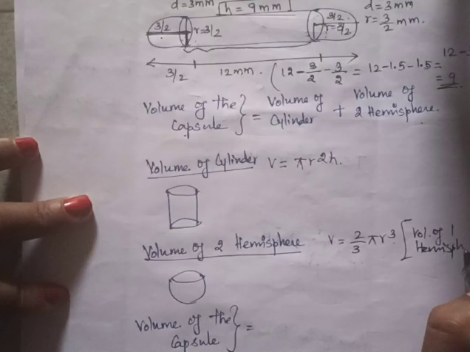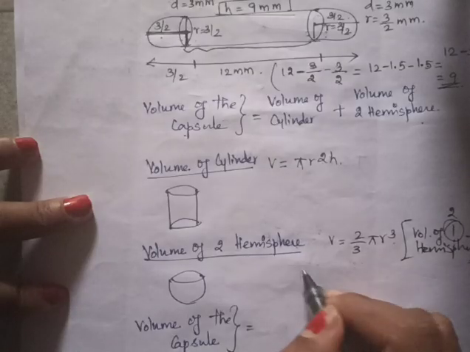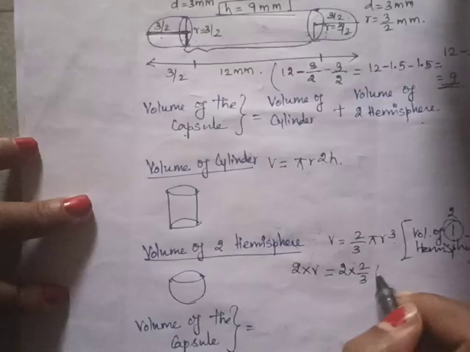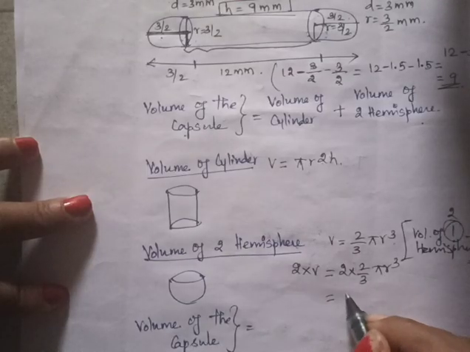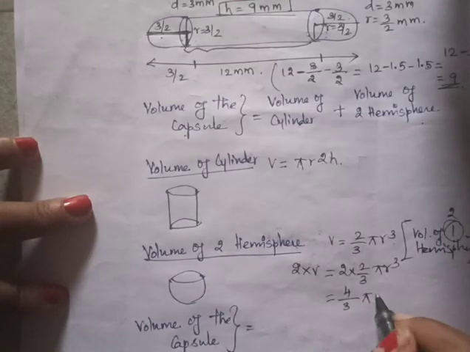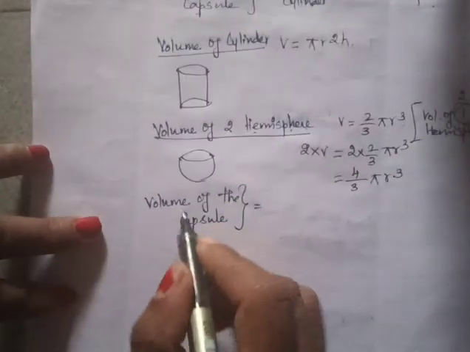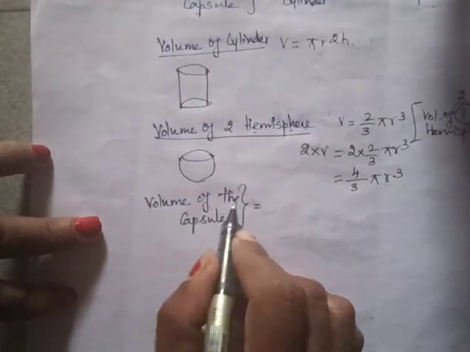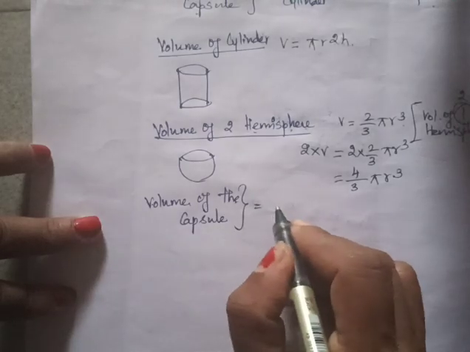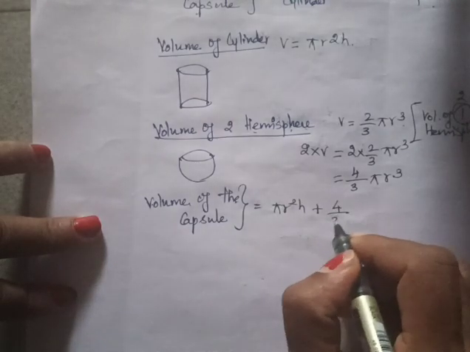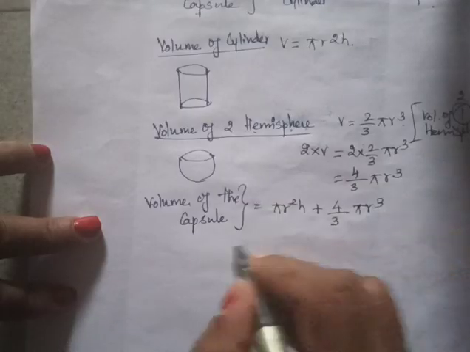But here we have to find the volume of two hemispheres, so we have to multiply by 2 on both sides. 2 into 2 by 3 pi r cube is equal to 4 by 3 pi r cube, which is the volume of two hemispheres. Next, the volume of the capsule is the sum of volume of cylinder pi r squared h plus volume of two hemispheres 4 by 3 pi r cube.